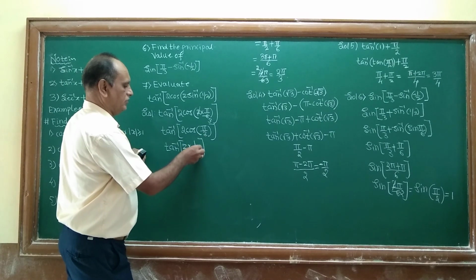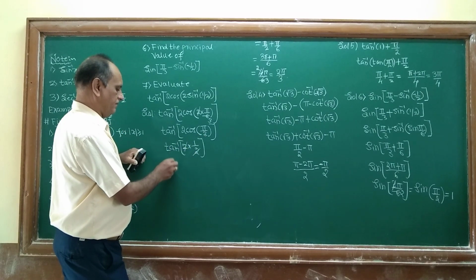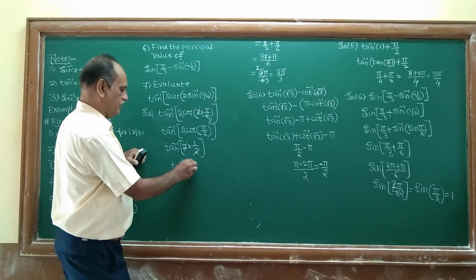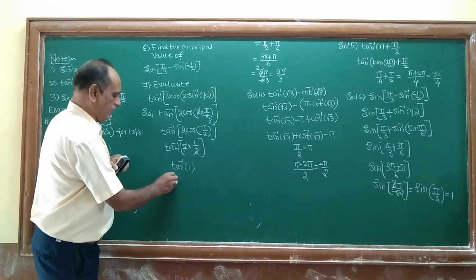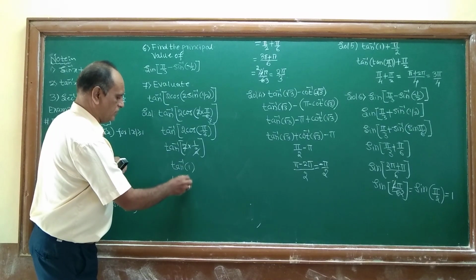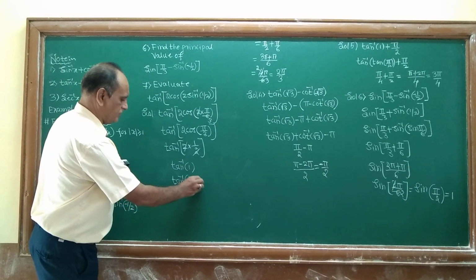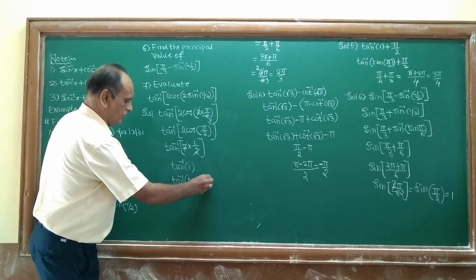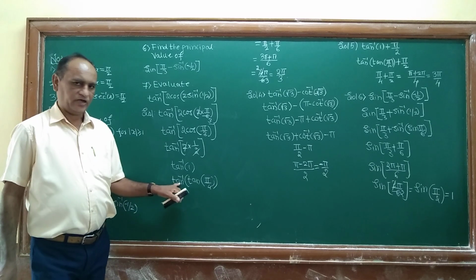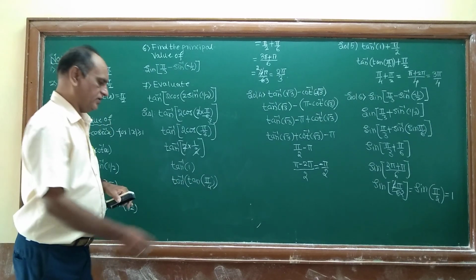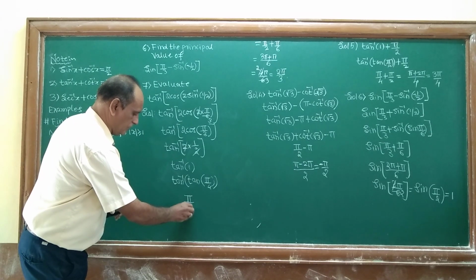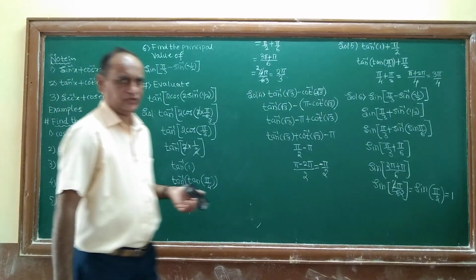Cancel the 2. Therefore the remaining term is tan inverse of 1. So write tan inverse of tan of pi by 4. On the same line, tan inverse of tan means write the angle. So the total answer is pi by 4.